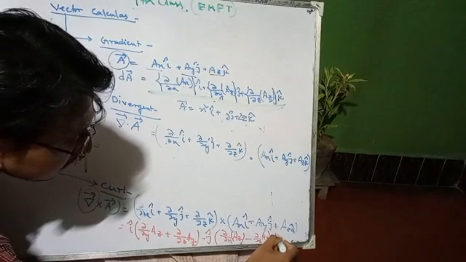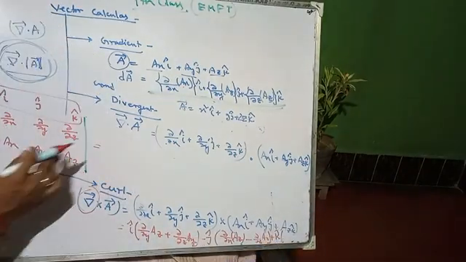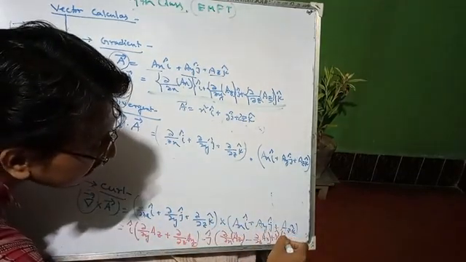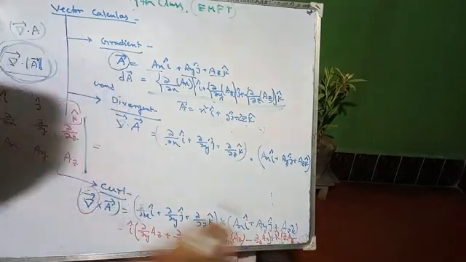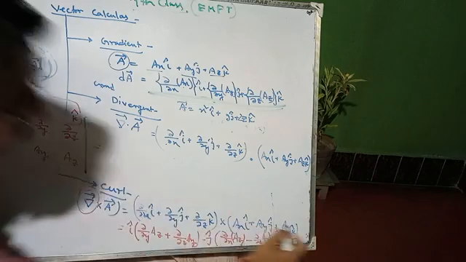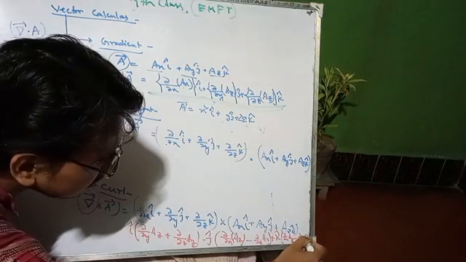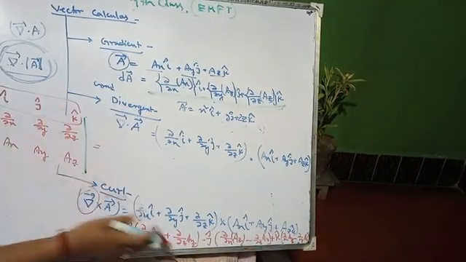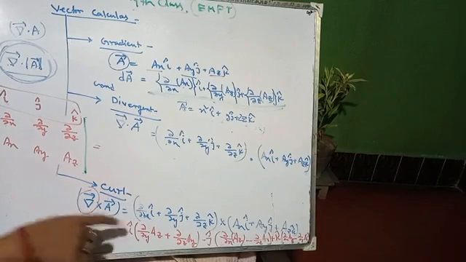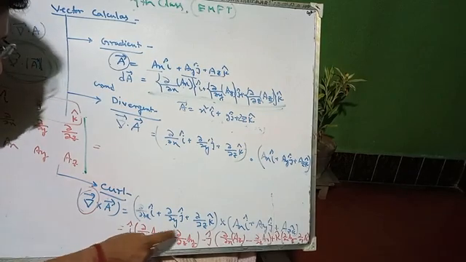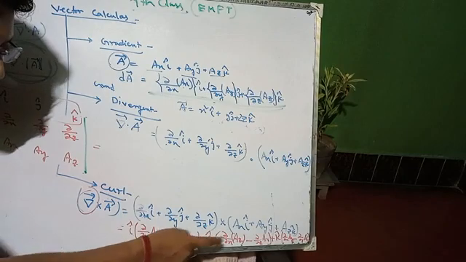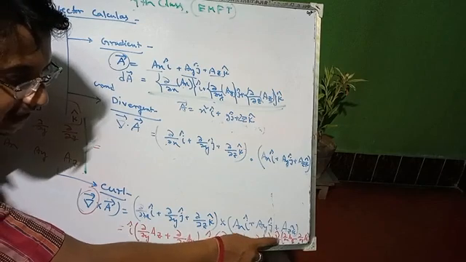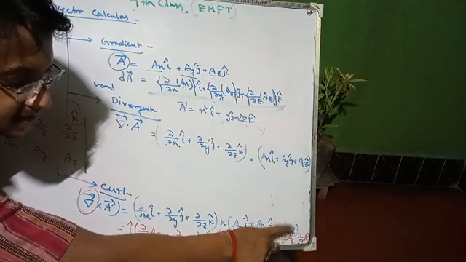And last k cap: del del x of ay minus del del y of ax. So again, I am repeating: i cap common, del del y az plus del del z ay, minus j, del del x az minus del del z ax, plus k cap, del del x ay minus del del y ax.